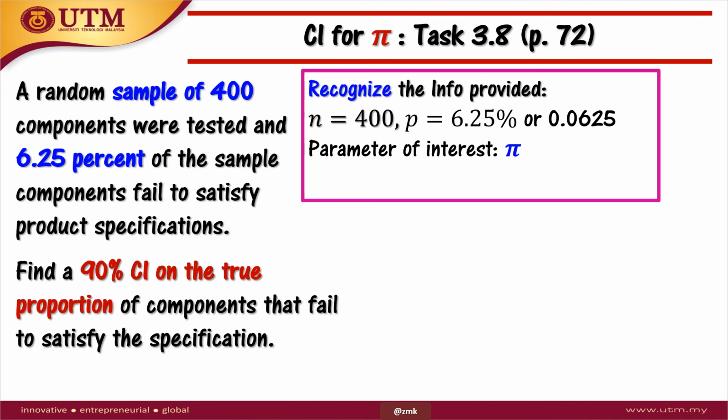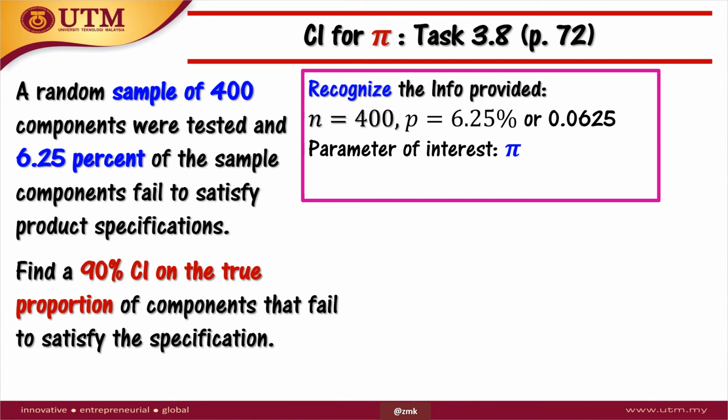Next, we identify the parameter of interest. Here, clearly, we are interested in constructing the confidence interval for the true proportion of components that fail to satisfy the specification. Notice that the definition of P and the definition of pi must be consistent.